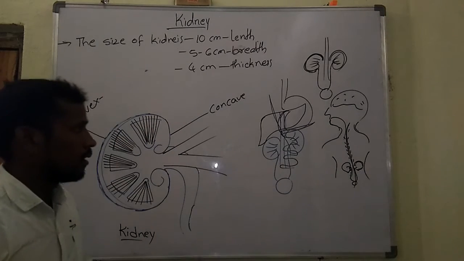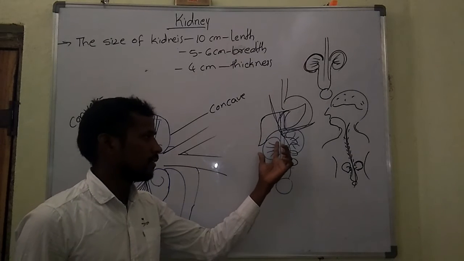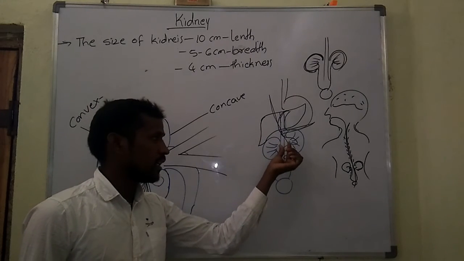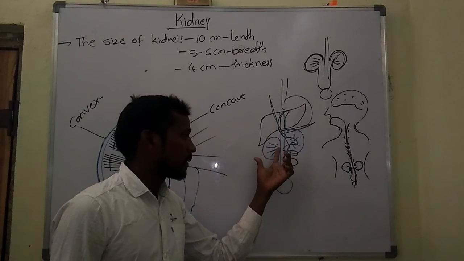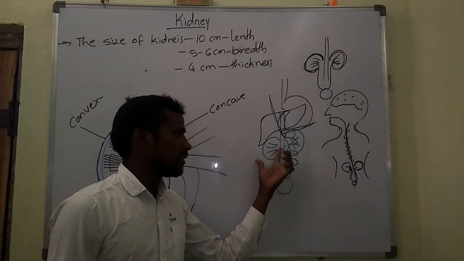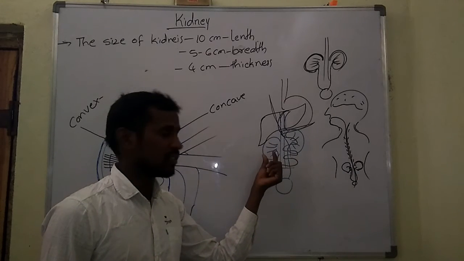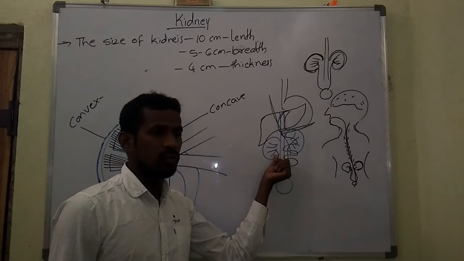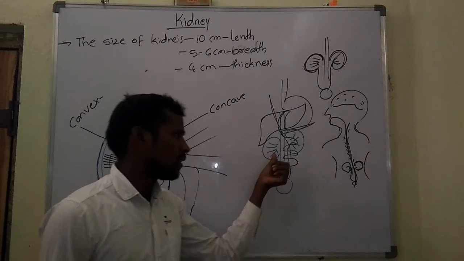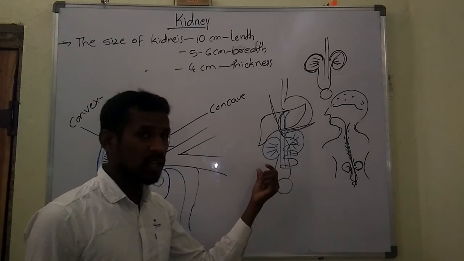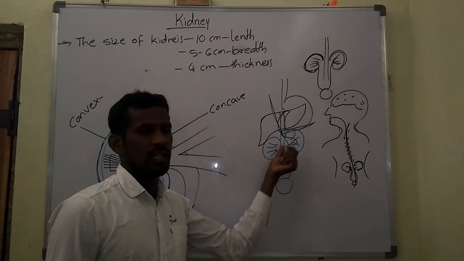Look, this is the most important question. The right kidney is slightly lower than the left kidney. Why? Because of the presence of the liver above. This is a 1 mark question, important, asked many times in exams. So the liver is present above the right kidney.